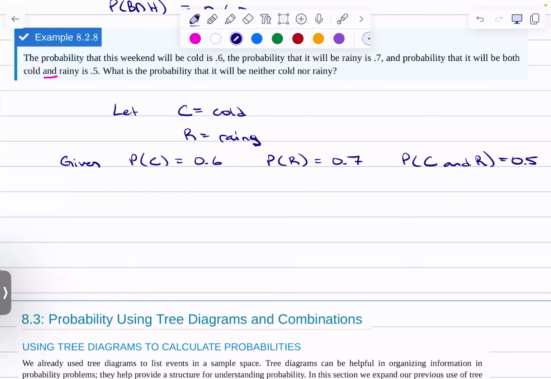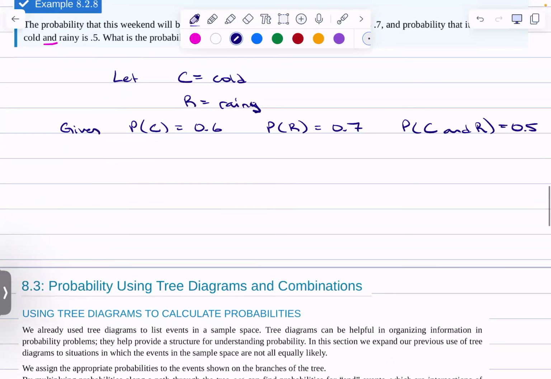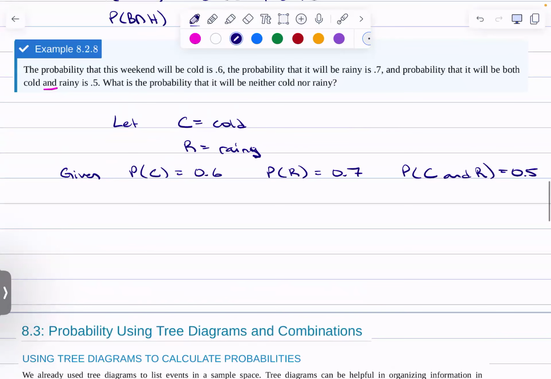We have seen De Morgan's laws before, but what we want to find, neither cold nor rainy, is the complement of cold and the complement of rainy. I did that wrong actually. I was trying to read it.